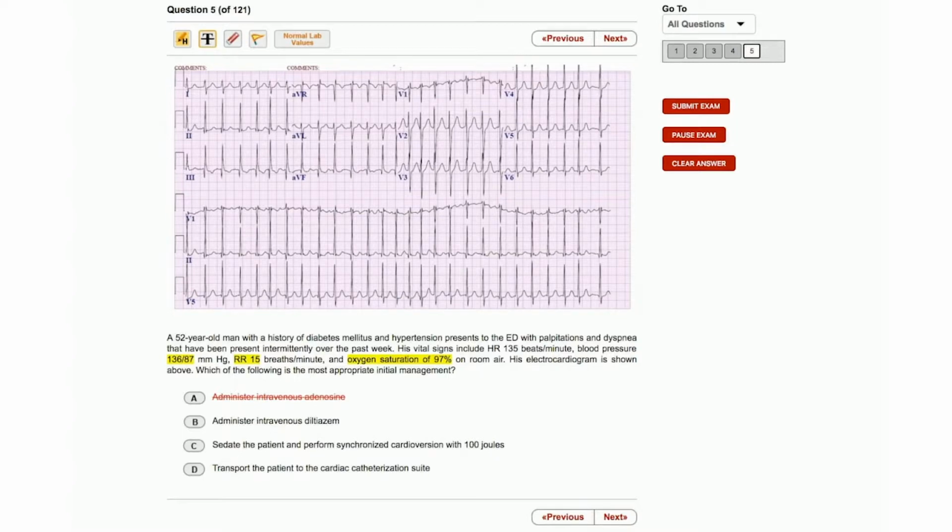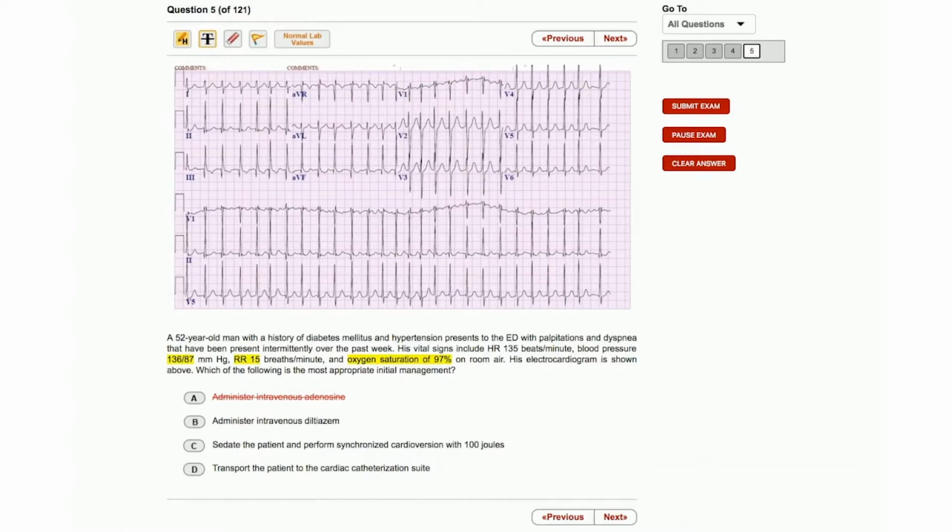Let's go on to C. Sedate the patient and perform synchronized cardioversion with 100 joules. So anytime you have a patient in a tachydysrhythmia, you're going to consider synchronized cardioversion. In this case, however, the patient's stable.